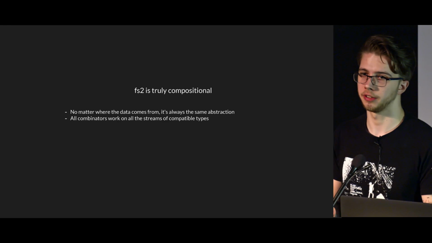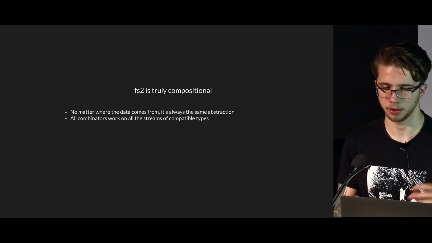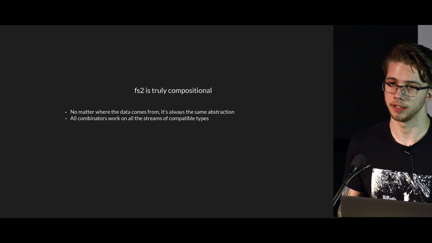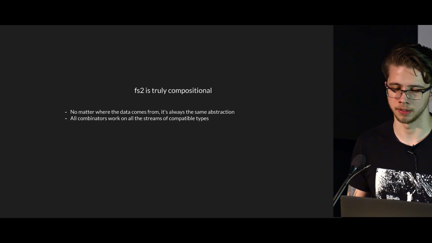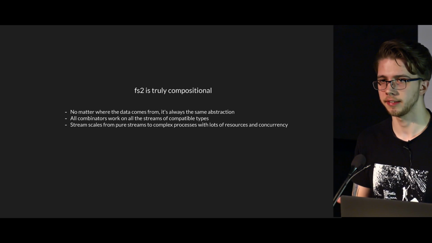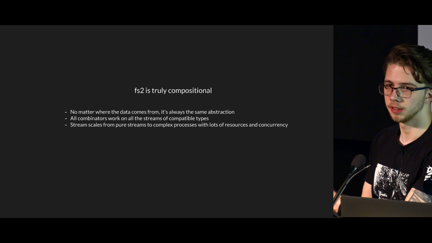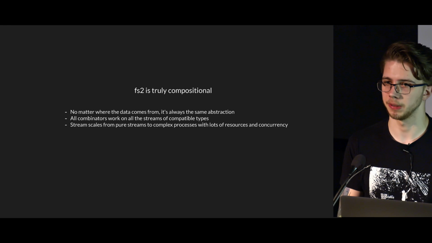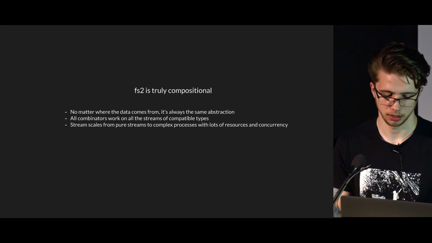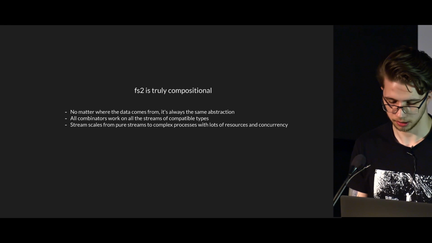And all the operators, all the combinators that you build for that are going to work across all these streams, as long as they support the types that you have in the output. And it's a single abstraction that scales from very small, very short, pure streams to the most complex processes that you can define with lots of resources and concurrent things.